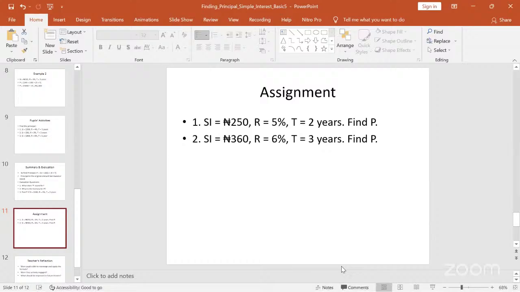Okay, are you through copying that down?